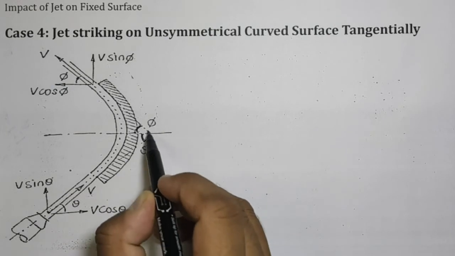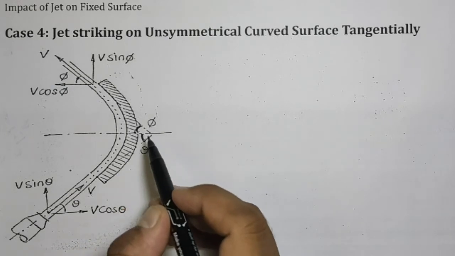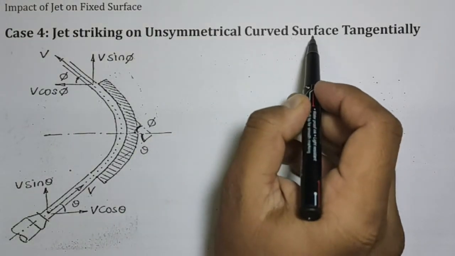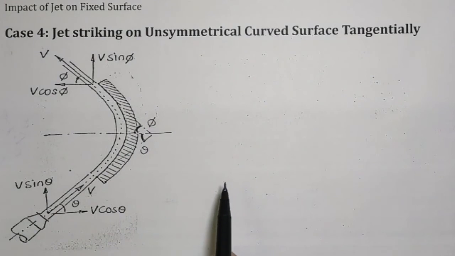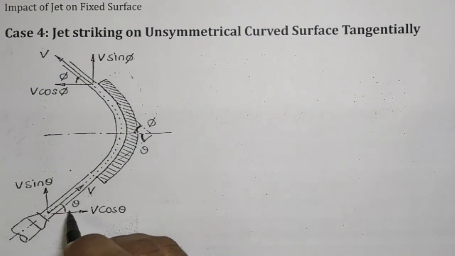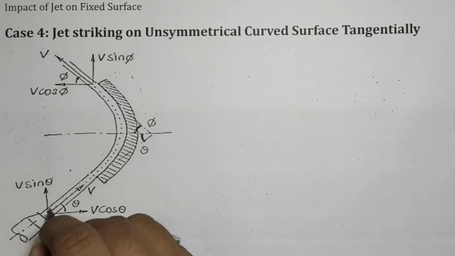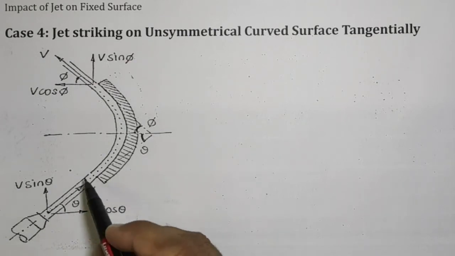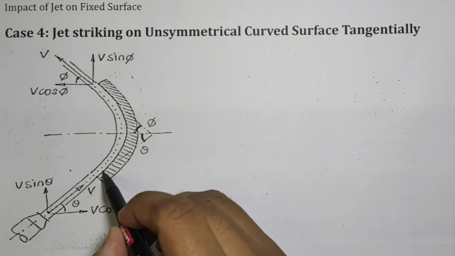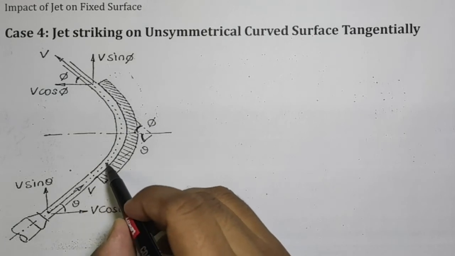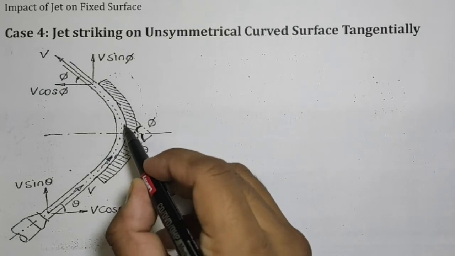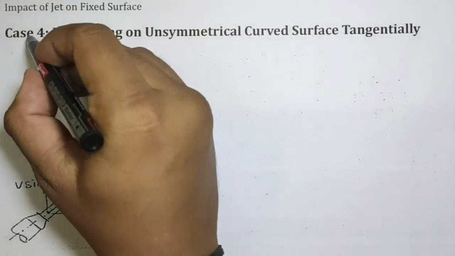Here we have angle theta, here we have angle phi. So we have a condition in which there is a curved surface but it is unsymmetrical. And in this case we have another thing, that is the jet striking the plate tangentially. So the water jet enters this vane tangentially and also exits tangentially.